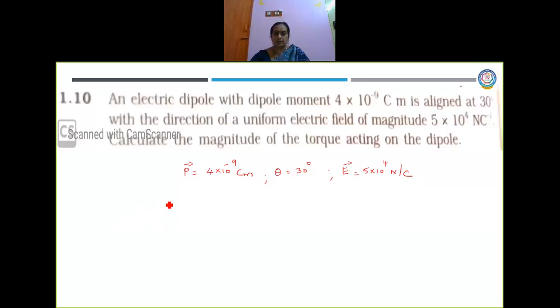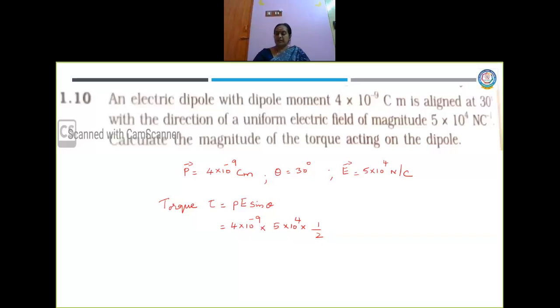So torque formula: torque tau equal to PE sin theta. So P is 4 into 10 power minus 9 into 5 into 10 power 4, sin 30 is 1 by 2. Correct?